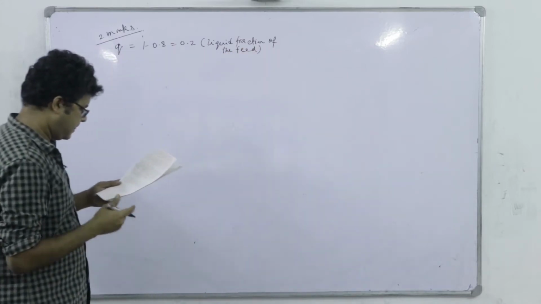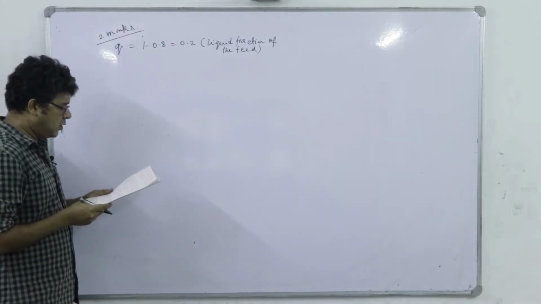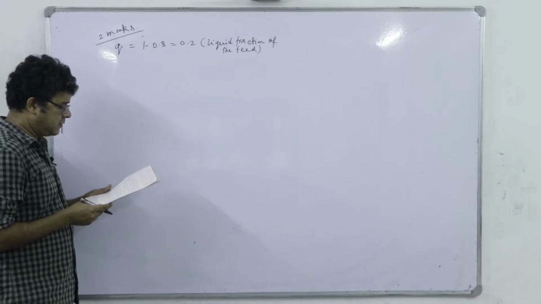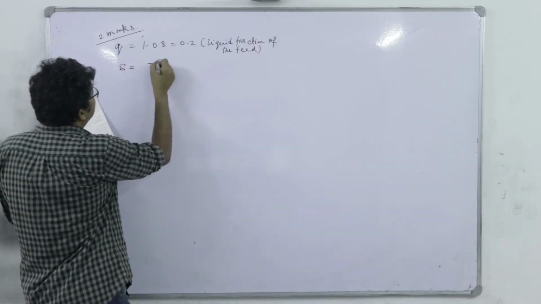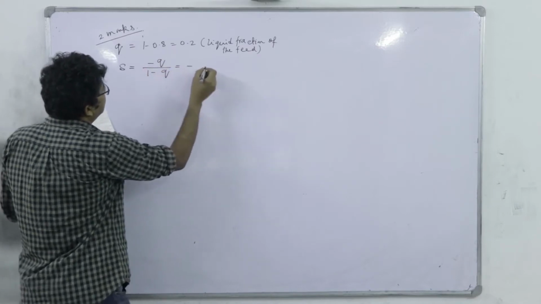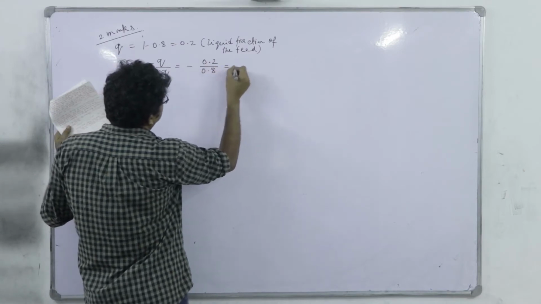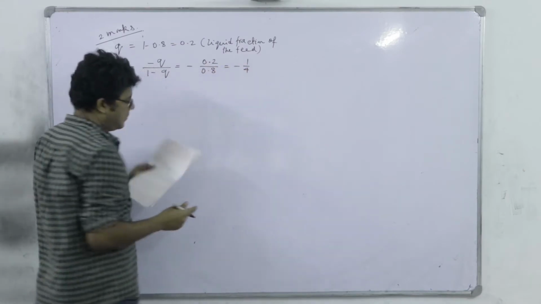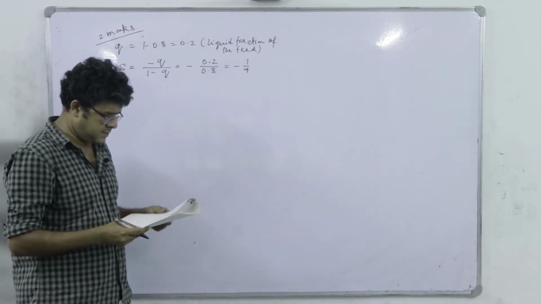The feed line slope in the McCabe-Thiele method for distillation column, it is a very easy problem. Feed line slope is minus q divided by 1 minus q. So, minus 0.2 by 0.8, minus 1 by 4.